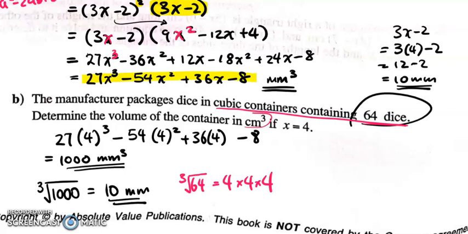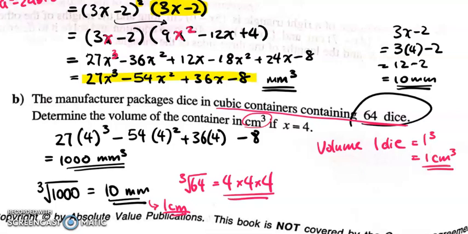The question does ask for the answer to be given in cubic centimeters. So I'm going to convert each of my 10 millimeters into centimeters. 10 millimeters is equal to 1 centimeter. And that also tells us the volume of one die would be 1 cm cubed, which is 1 cubic centimeter.